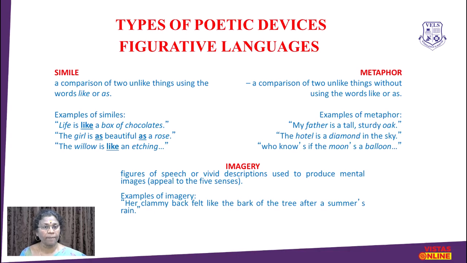How does it happen? Through the appropriate diction. What do you mean by diction? Appropriate words. The words that are used to describe the particular scene help the reader to enhance the understanding.